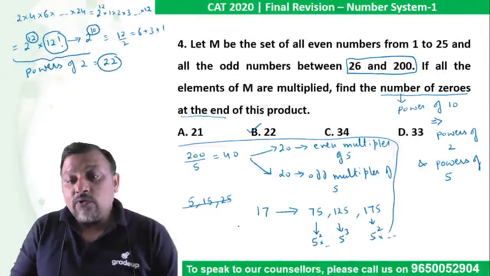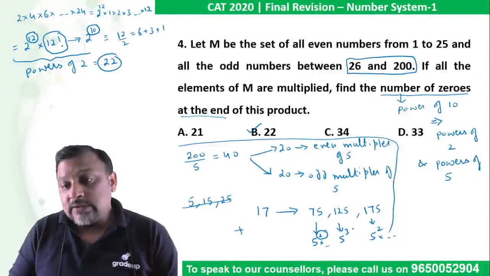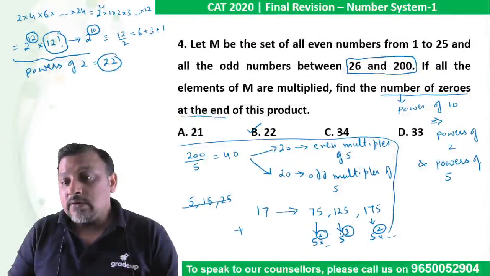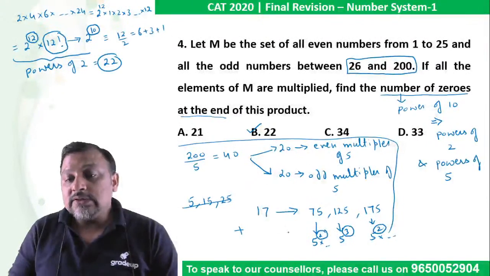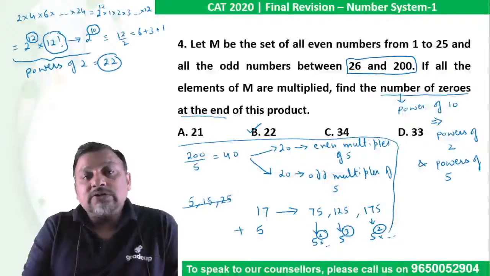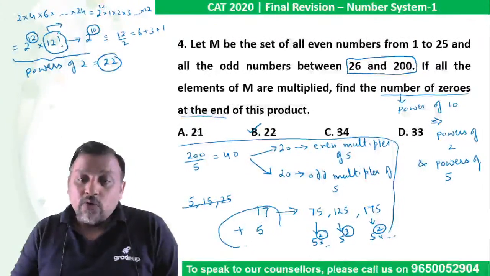Can I say how many extra powers of 5 will I get? 1 in this, 2 in this and 1 in this. So it is 1 plus 2 plus 1, that is 5. And we also have some powers of 5 here also. So 5 powers of 5 is definitely more than 22.